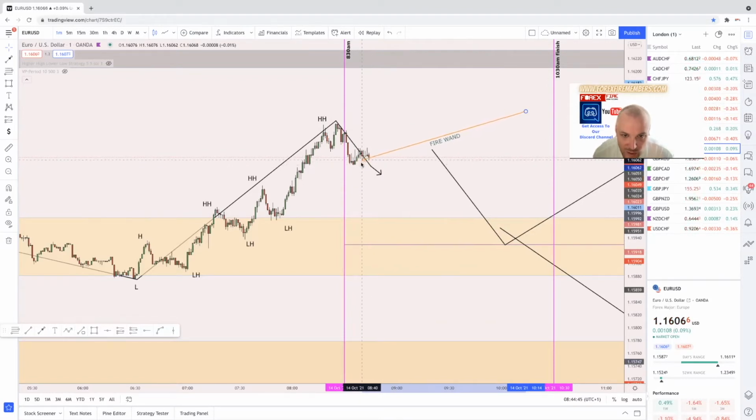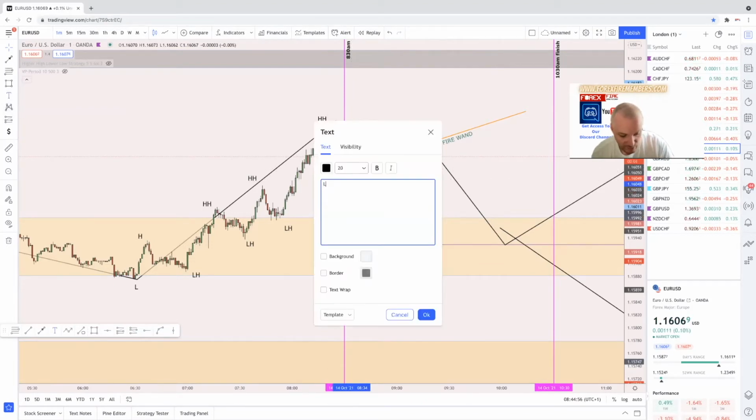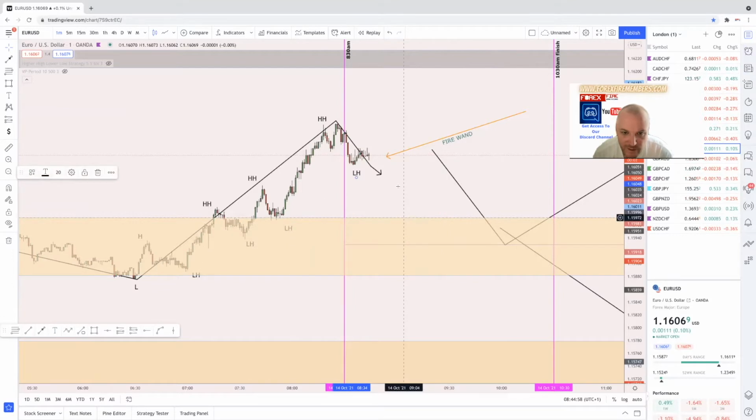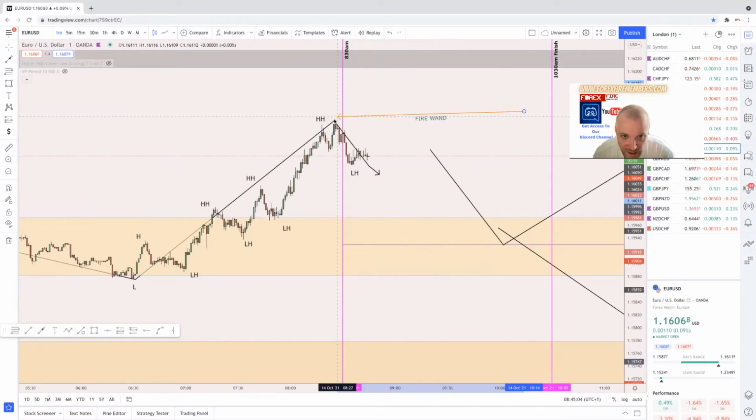Okay, that is a lower high at the moment, so we can mark that out. Okay, and the chart is not behaving. We've got a lower high, and once this price decides what it wants to do, if it breaks above this, we've got a higher high.